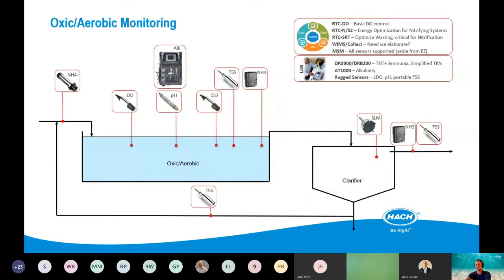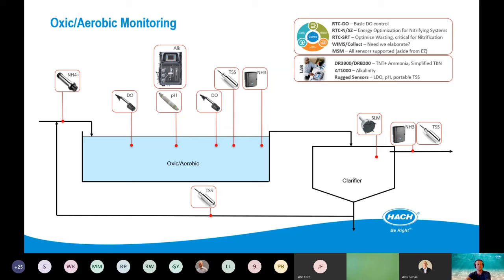Various things like COD, TNT, ammonia, simplified TKN, alkalinity. We have field probes that are handheld to spot check your equipment, from LDO or pH, portable TSS, and all of these things help complement and help you manage your online probes that are in the field.